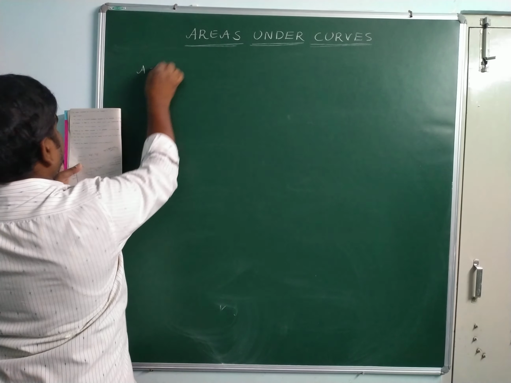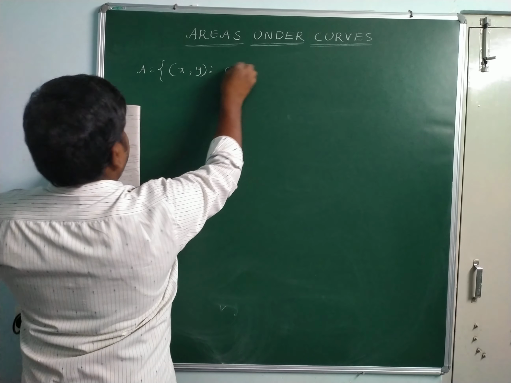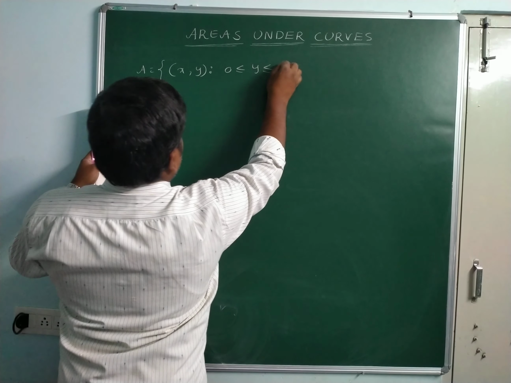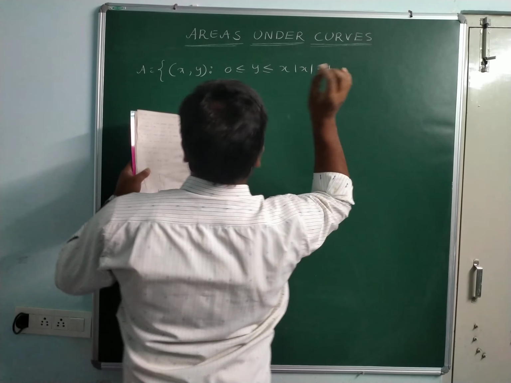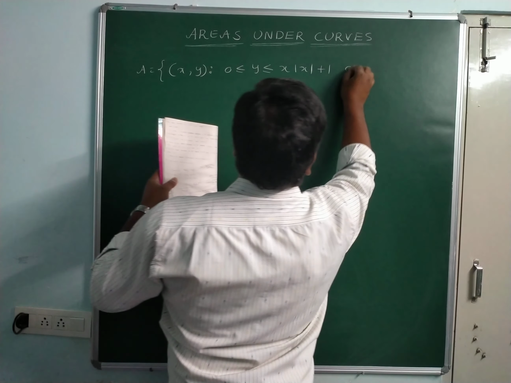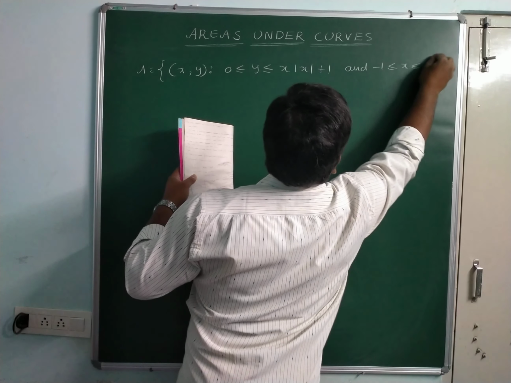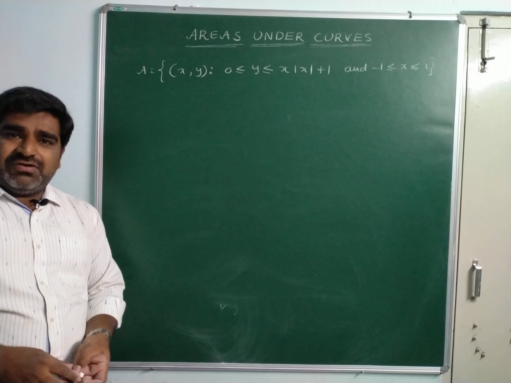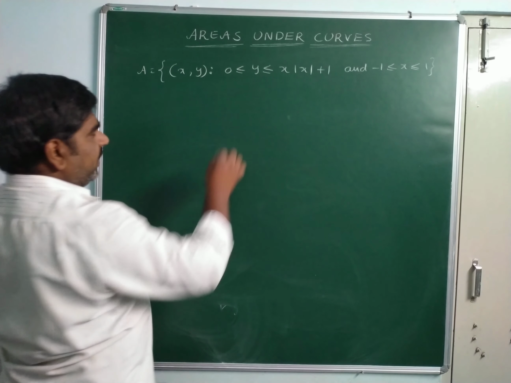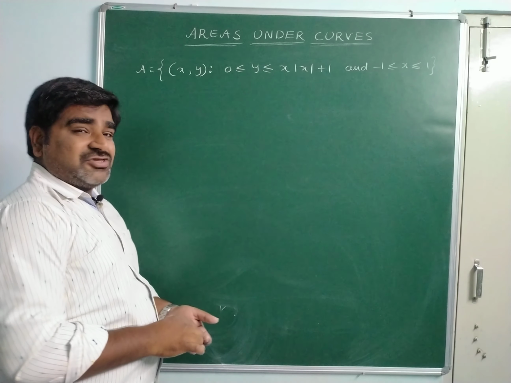A = {(x, y) such that 0 ≤ y ≤ x|x| + 1, and -1 ≤ x ≤ 1}. Here, 0 ≤ y means y is greater than or equal to 0.